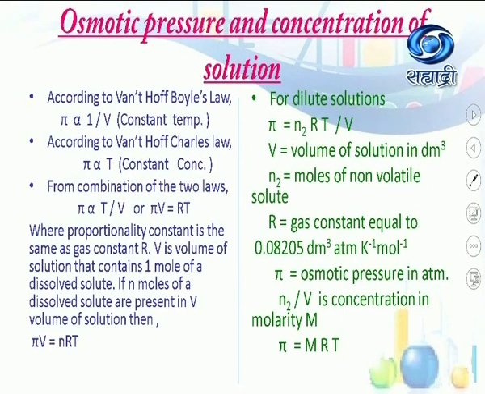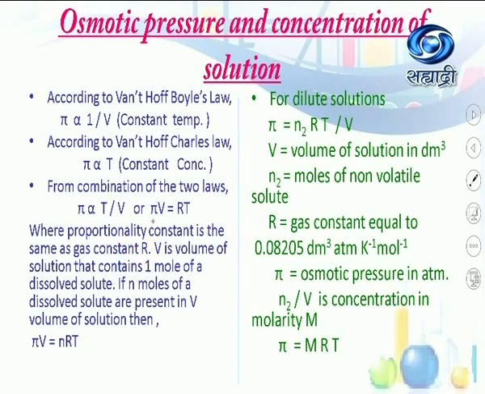Now, if we combine these two laws, we can write pi is proportional to T upon V, or pi V is proportional to T. And therefore, we can say pi V is equal to some constant into T, where this proportionality constant is the same as the gas constant R.